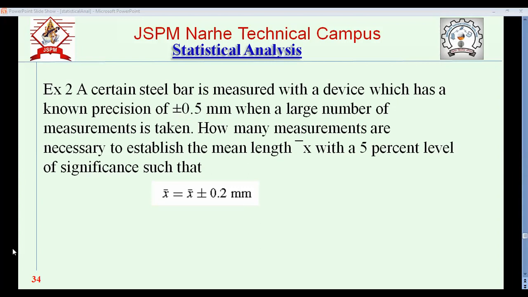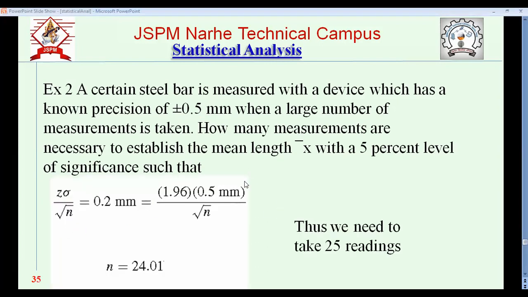So the formula to find this plus minus 0.2 mm is Z into sigma divided by square root of n, where n is the number of readings.